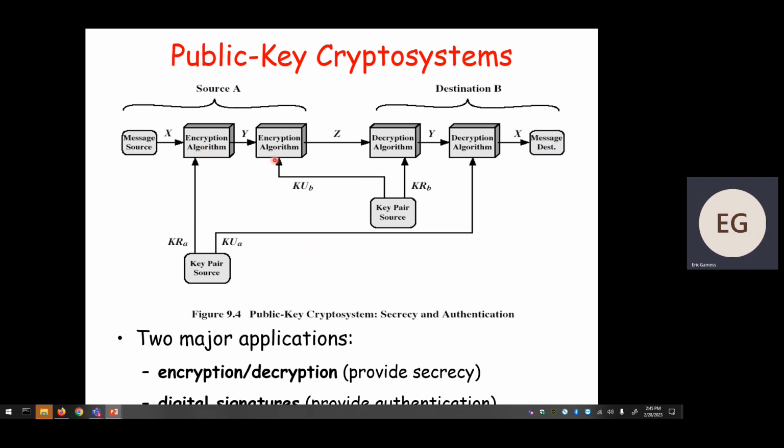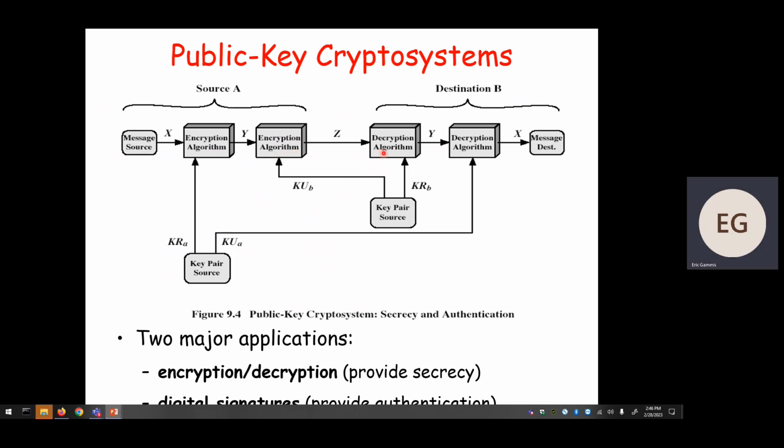So by doing that, we do double encryption. We encrypt with our private key to sign the message, so it's authentication. And we encrypt with the public key of the destination for privacy.